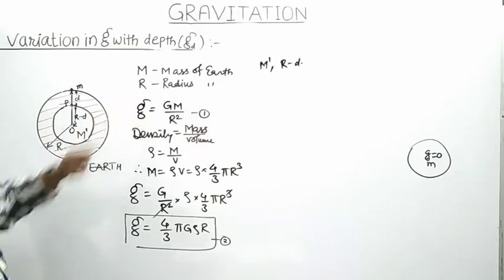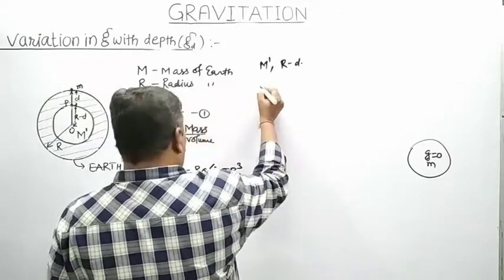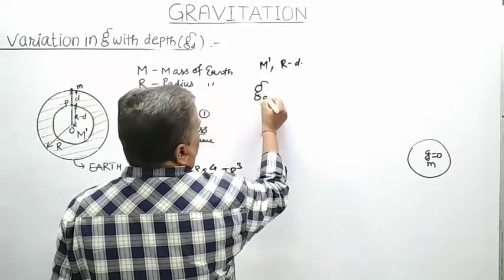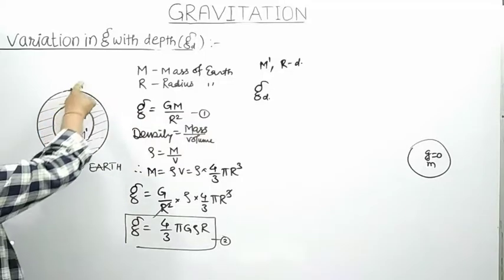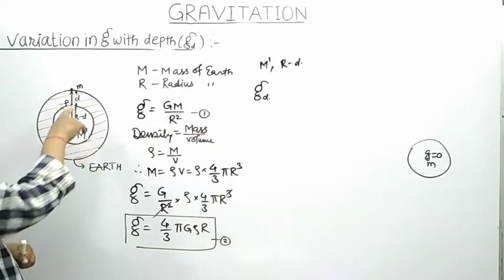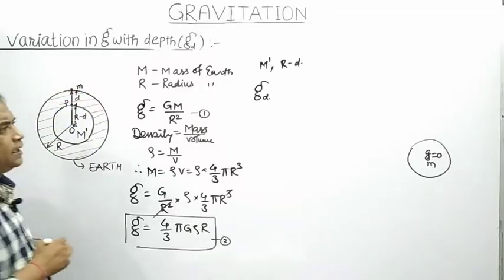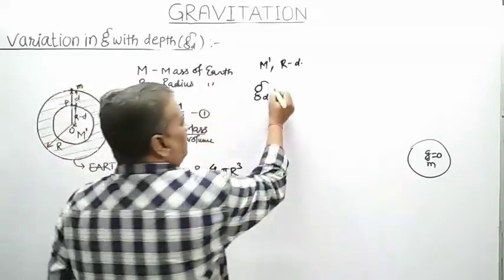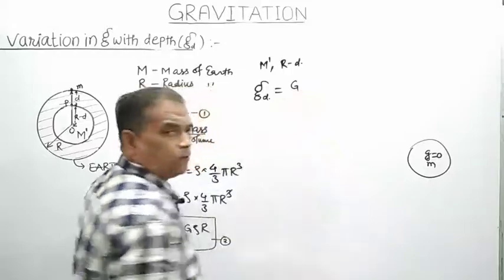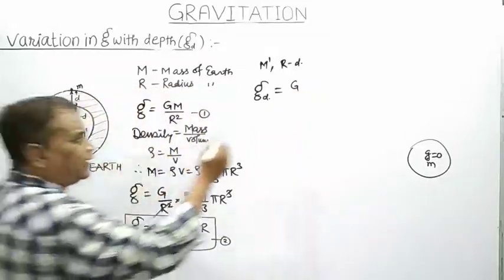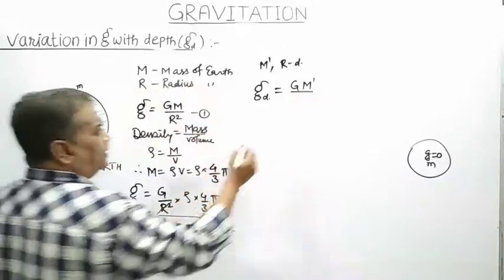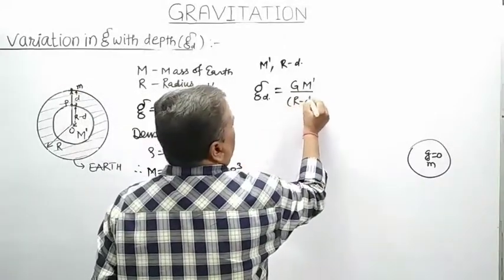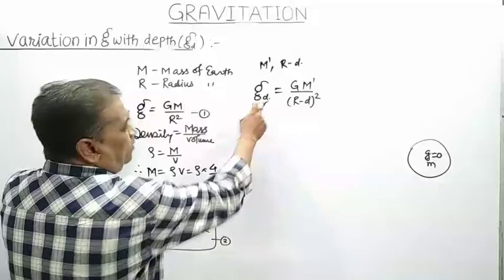So as per this equation, acceleration due to gravity acting on object of mass small m which is kept at a depth d below the surface is g suffix d is equal to G into what is the mass of inner sphere? M dash, upon what is the radius of inner sphere? R minus d whole square. See here by analogy.